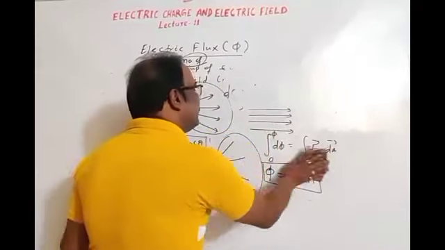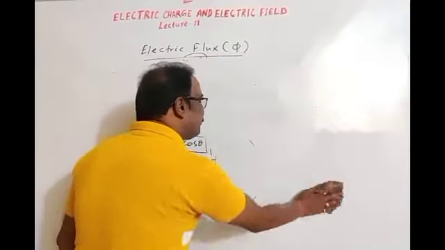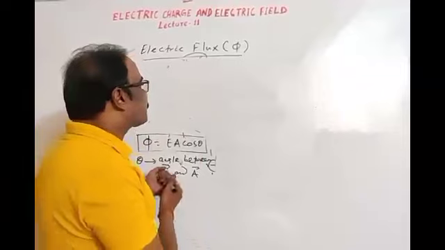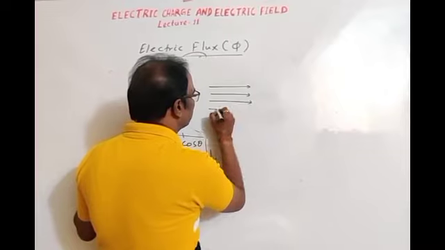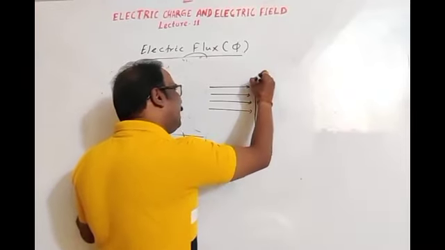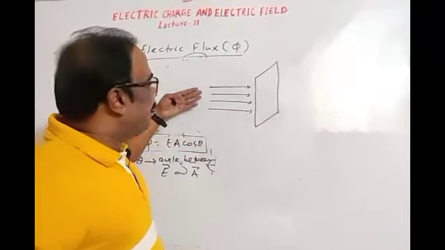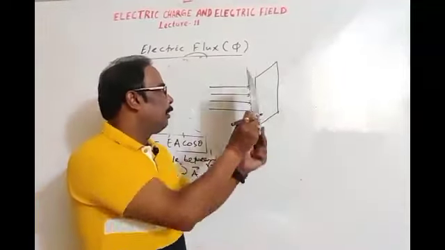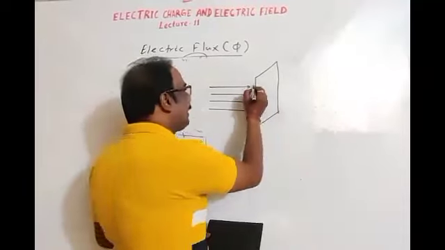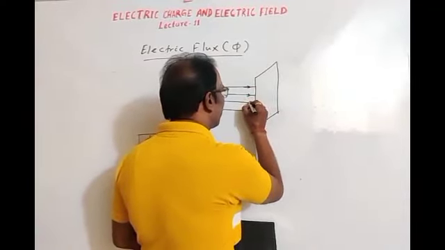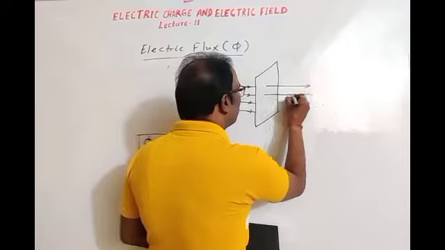Suppose we are taking electric flux, let's take it like this. If I hold an area like this, how is the area held? The electric field is along the x-axis. If the area is held on the YZ plane, then all the electric field lines will pass perpendicular to the surface.